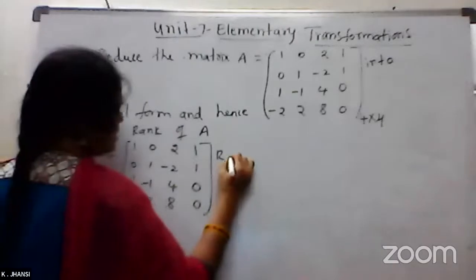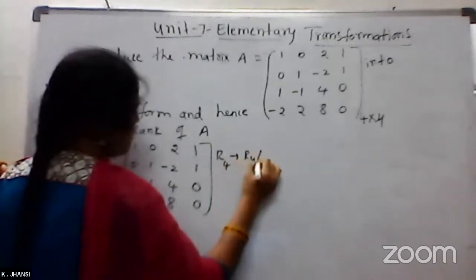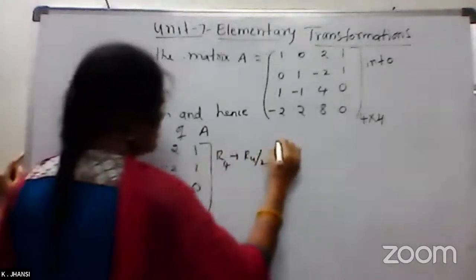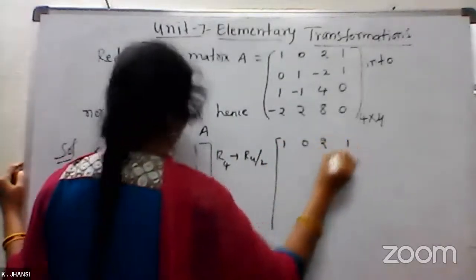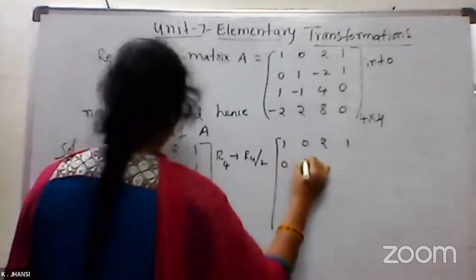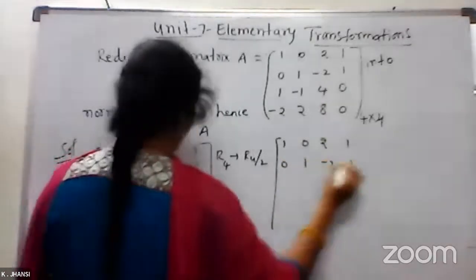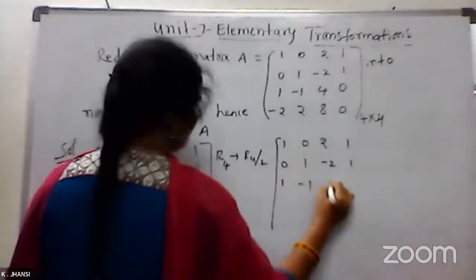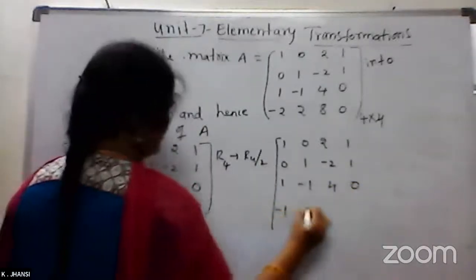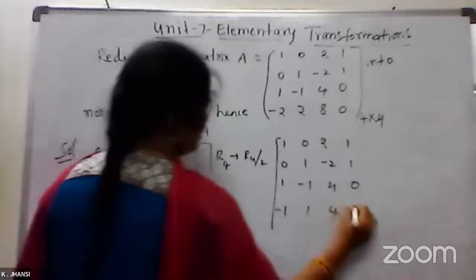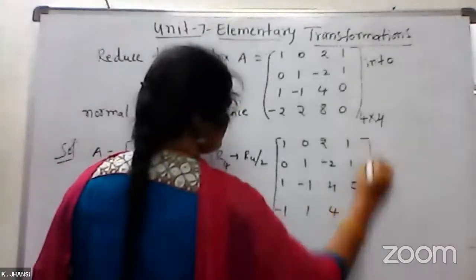That is, R4 divide by 2. So you will get 1, 0, 2, 1; 0, 1, minus 2, 1; 1, minus 1, 4, 0; and the last one is minus 1, 1, 4, 0.